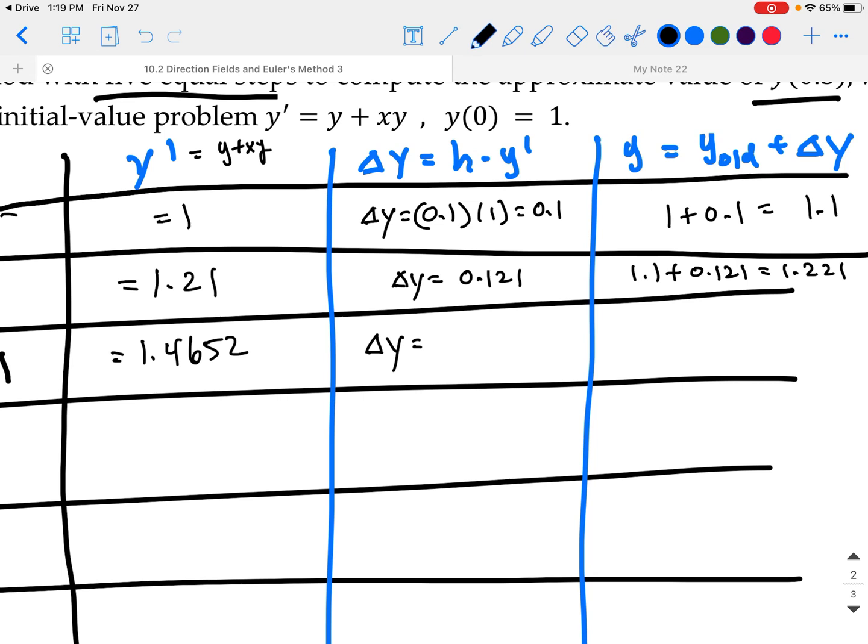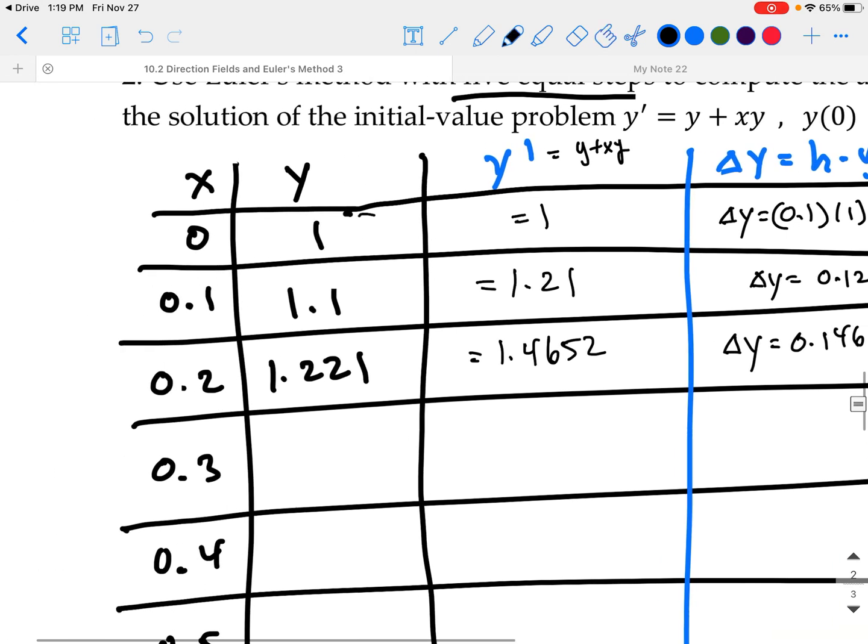Then times 0.1. Now we're just going to move a decimal place since h is 0.1 or 1/10. And then we'll add that on to 1.221, and we get 1.36752.